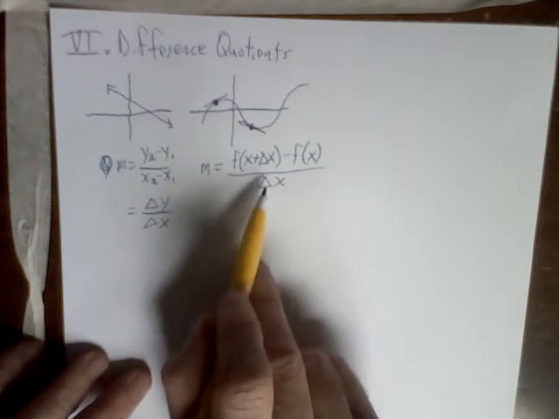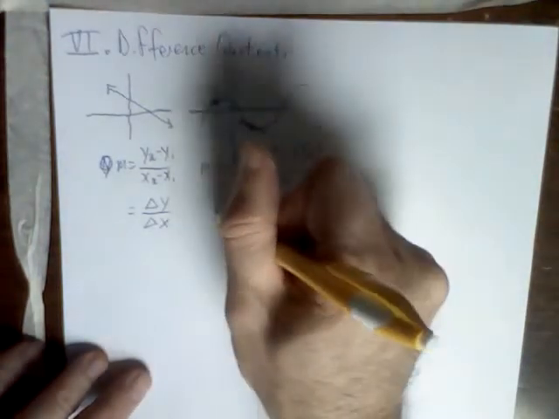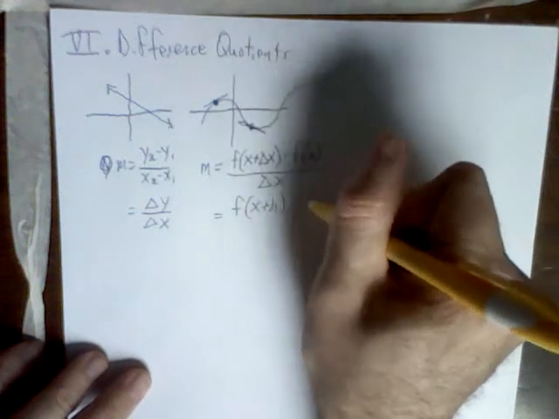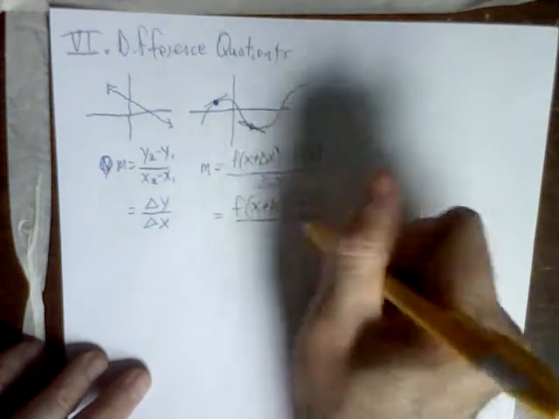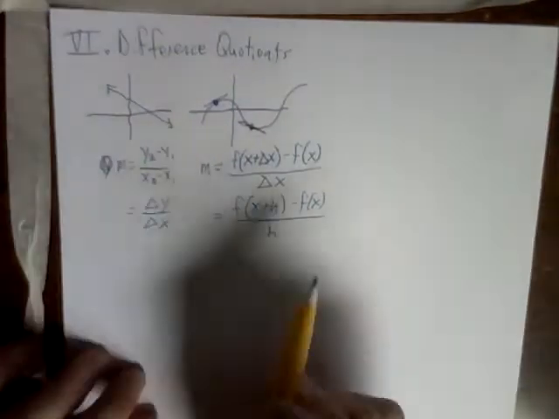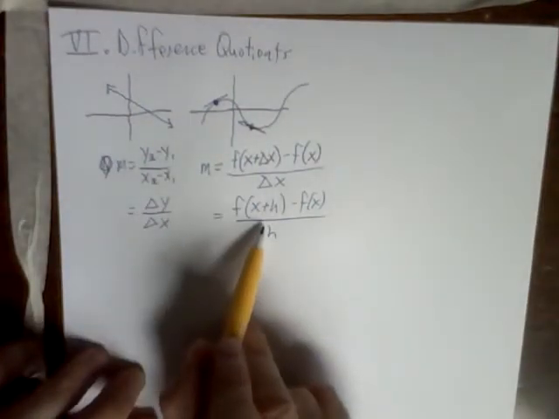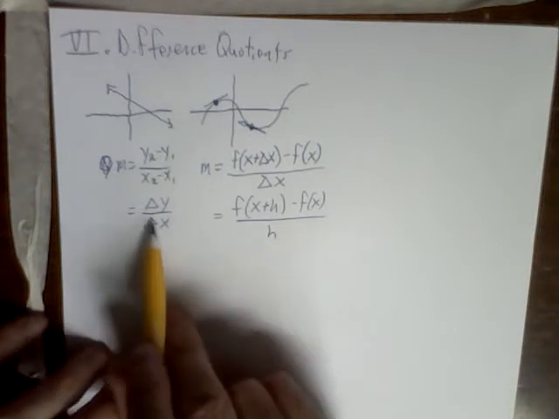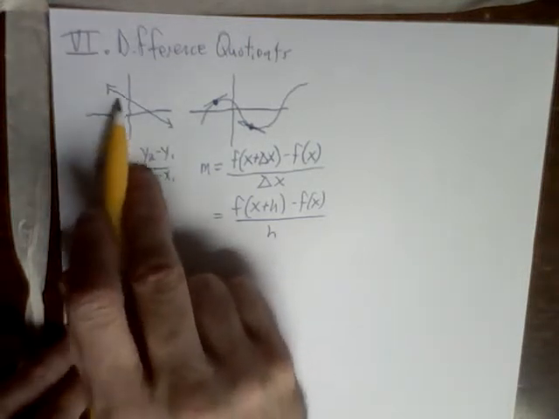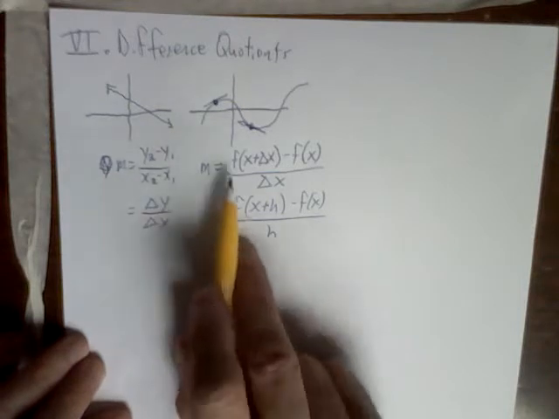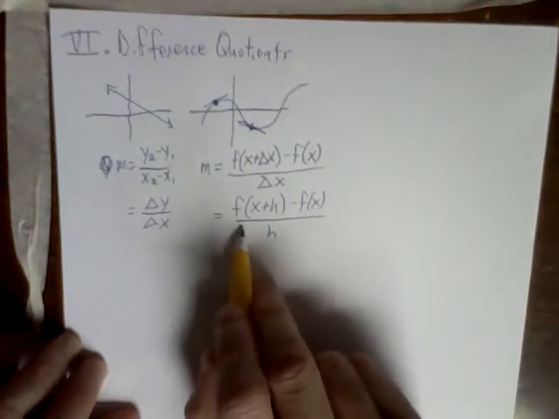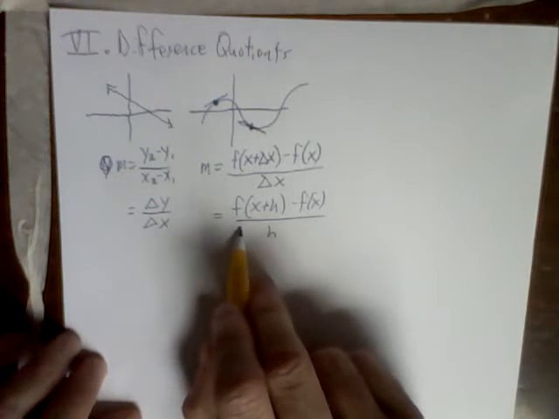Our book isn't going to use this change in x notation. What they're going to do is the h notation. This. Okay, but what this really is, is just kind of a slope formula, but it's more relaxed, okay? So the slope formula for the straight line, it's always the same. We want something that's going to handle any sort of curvy function, and that's why we came up with this sort of slope formula.